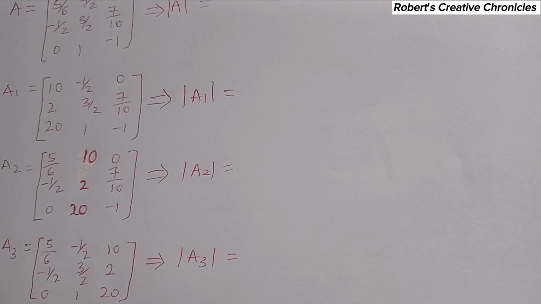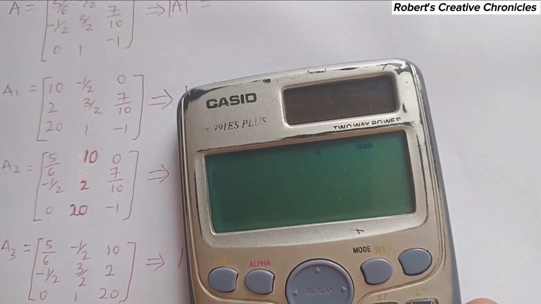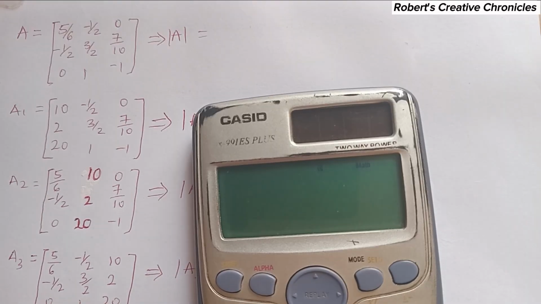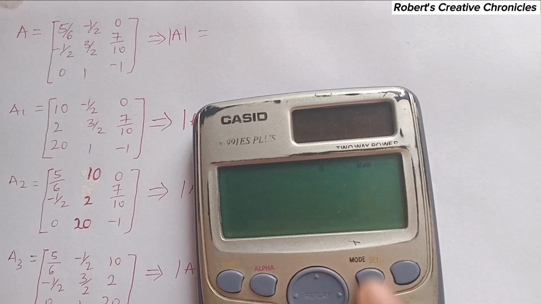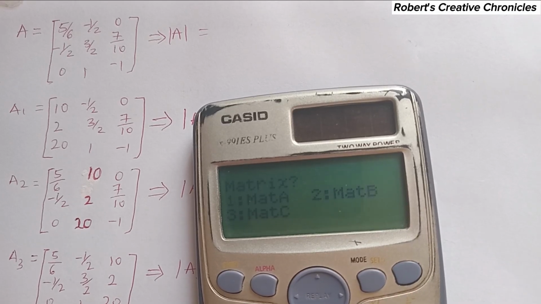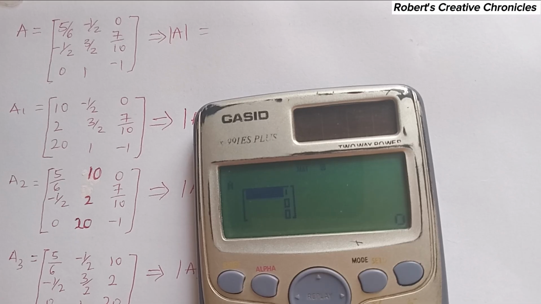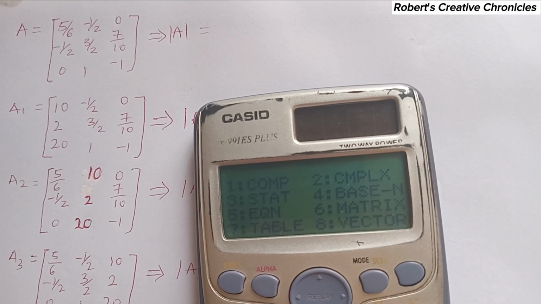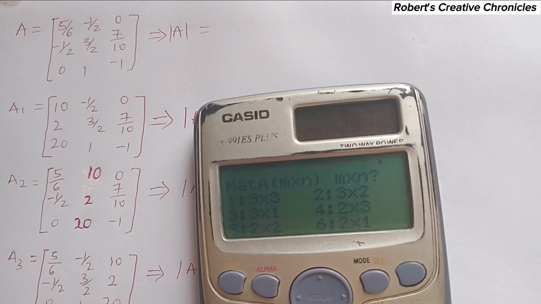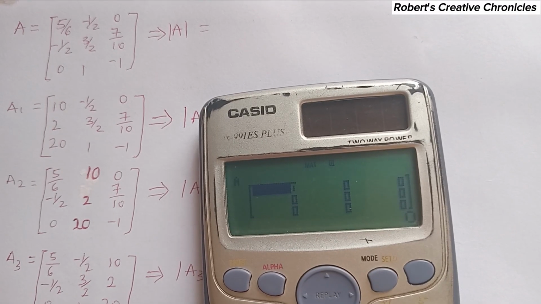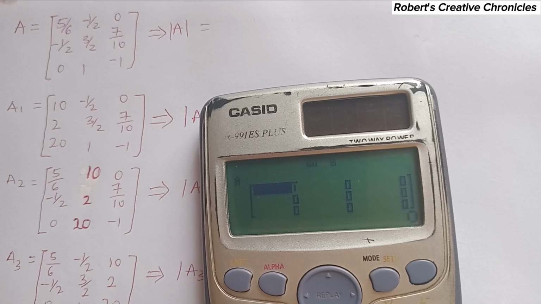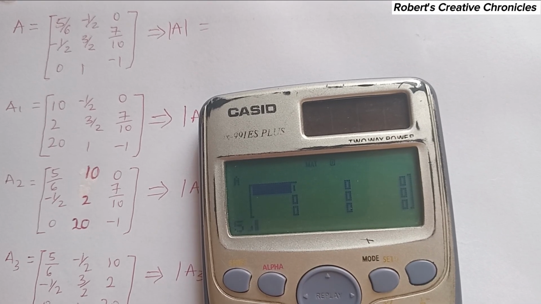So we'll now find the determinants using a calculator. We will find the first one, then we'll save the other three inside and find them. So this is 5 over 6.